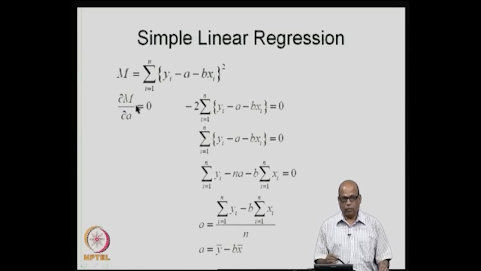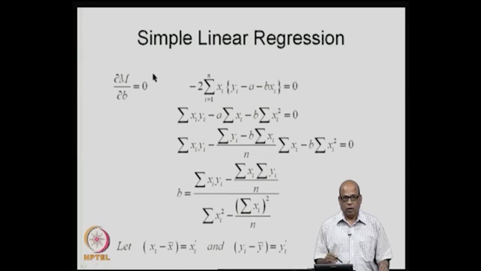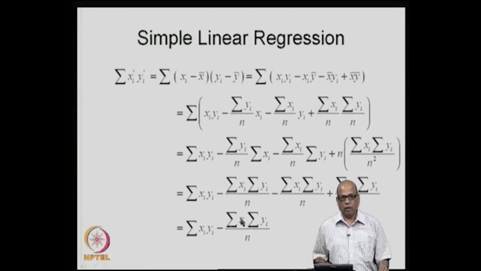Similarly, you differentiate with respect to b, dM by db equal to 0. You get this expression; all the details are here, it is simple arithmetic. We write this in a slightly more elegant form by taking x_i minus x bar, the deviation of the point x_i from its mean, as x_i dash, and y_i minus y bar as y_i dash. Using this we write the expression for b in a more elegant form.